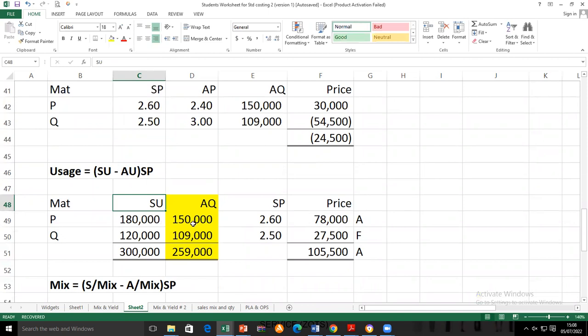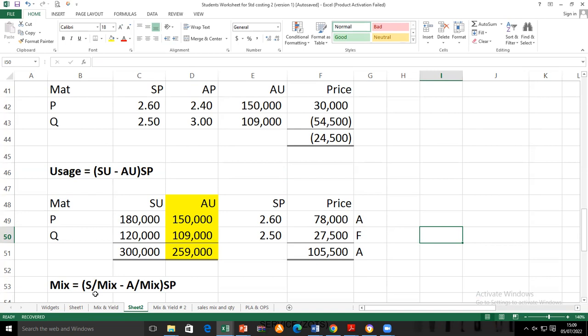Standard usage, actual usage. Let's call this actual usage, so that we are consistent. So my standard usage minus actual usage times standard price.